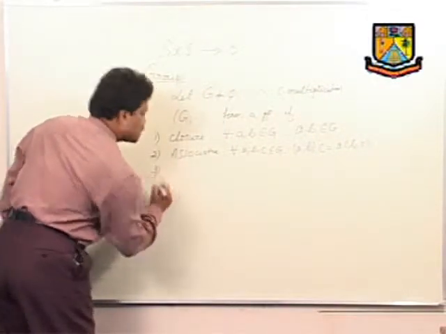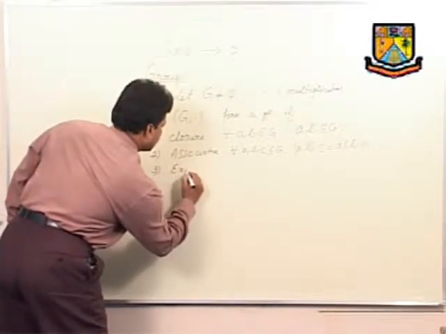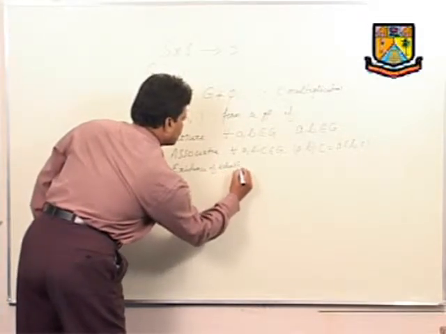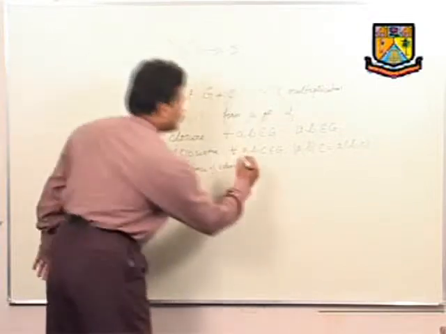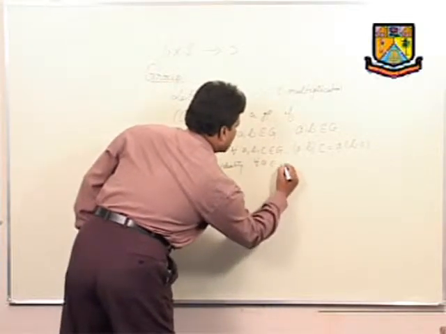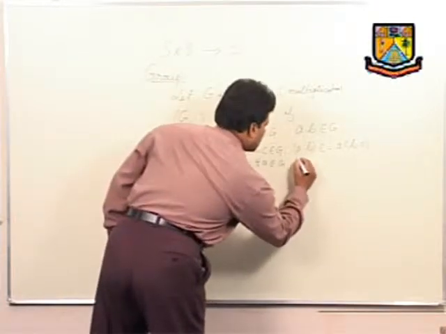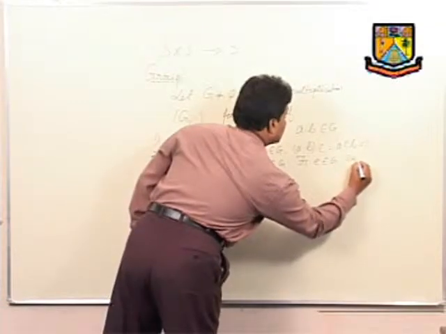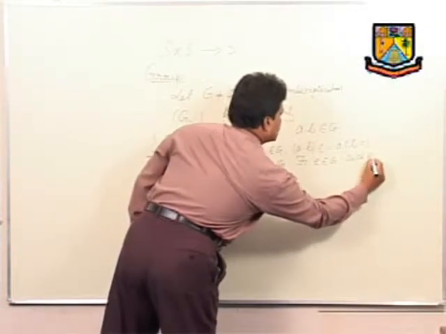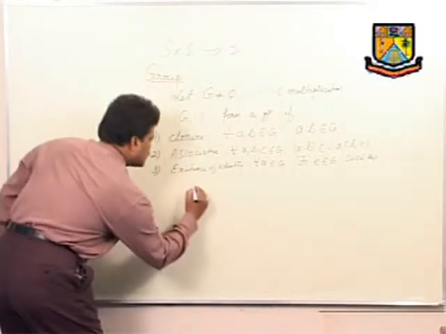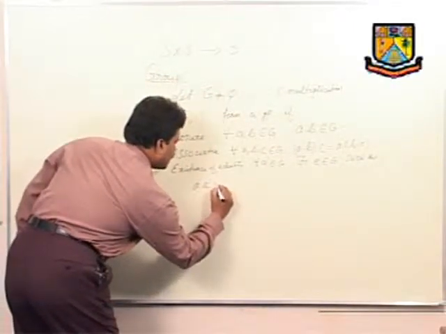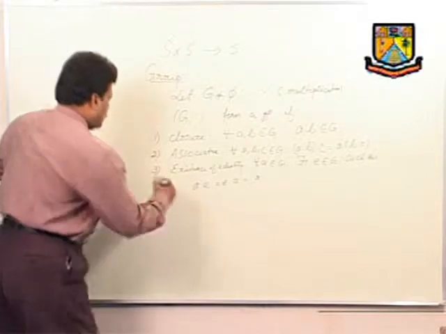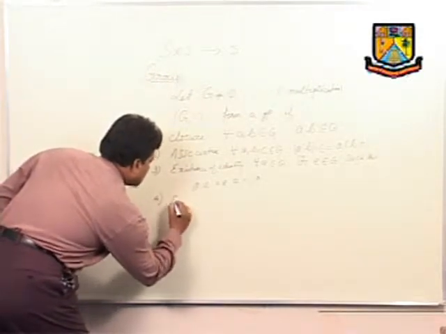Third one, existence of identity. For any element a in G, there exists an element e in G such that the condition is a dot e equals e dot a equals a. The last one is existence of inverse.